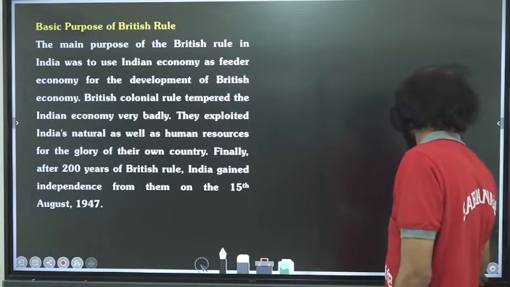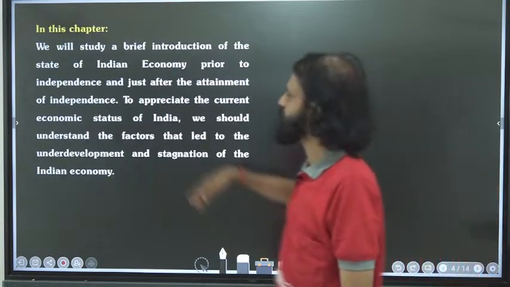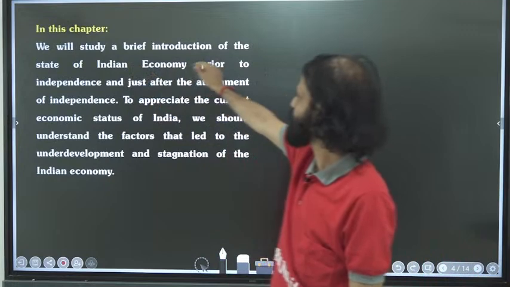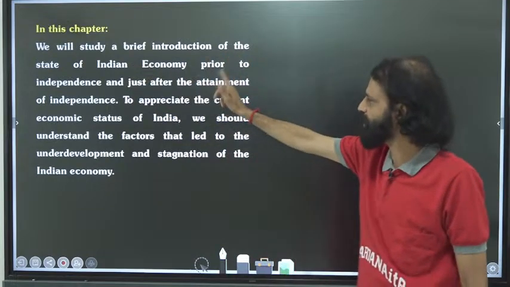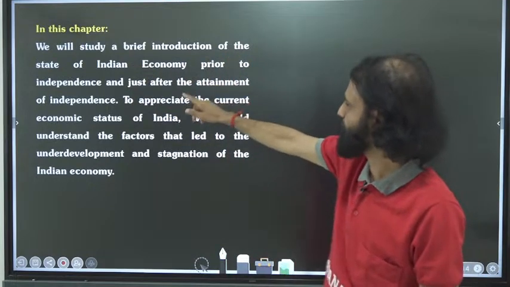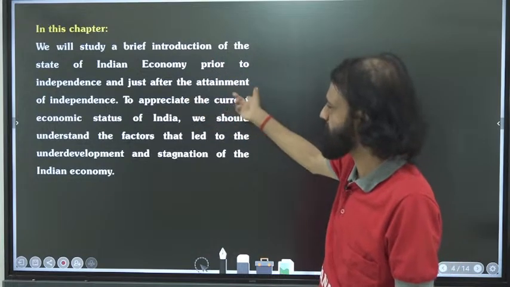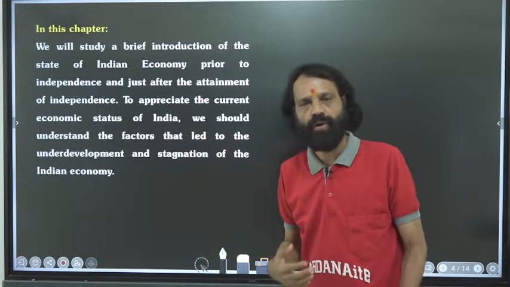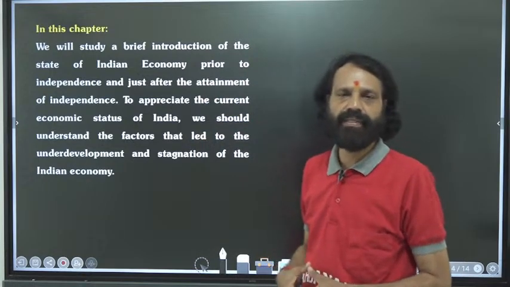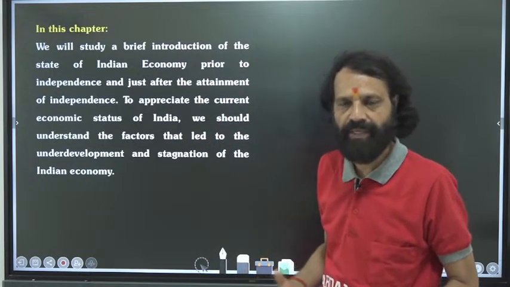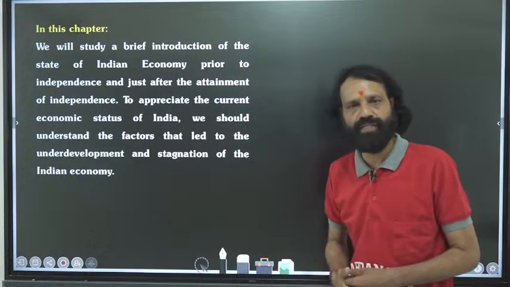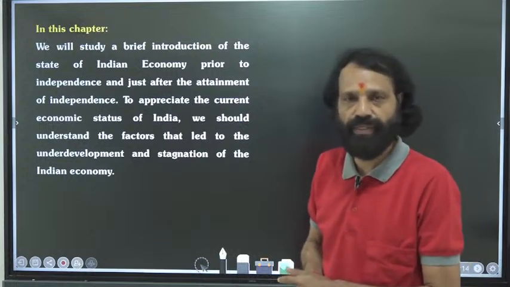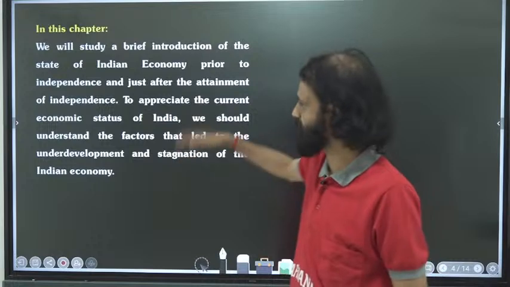Then the next one: in this chapter we will study a brief introduction of the state of Indian economy prior to independence and just after the attainment of independence. After getting independence, how our country is developing in the field of economy, transportation, industrialization, etc., we will study.